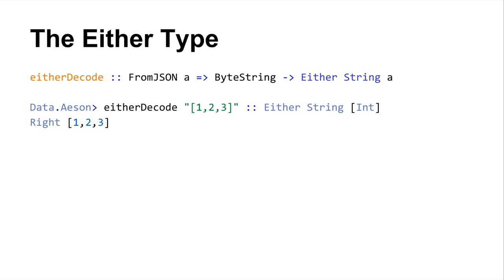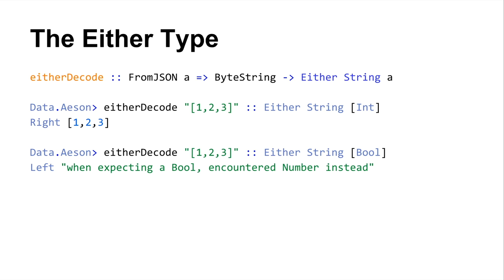For instance, you apply eitherDecode to a string with [1,2,3] in it and say try to decode this to a list of integers, and you're successful, so you get back the Right constructor with the list 1, 2, 3 as your value. You apply eitherDecode to the same argument, but tell it to produce a list of booleans, and you get Left, representing failure. So the notion of success and failure is encoded in these types.